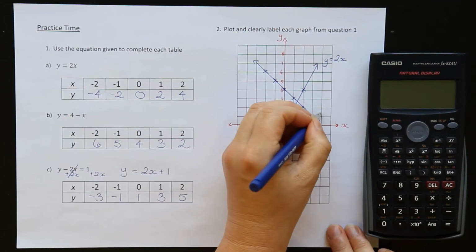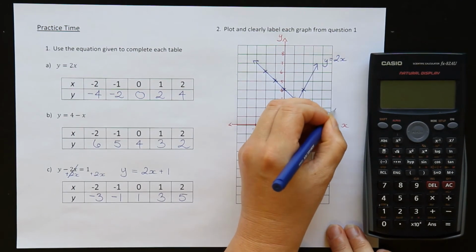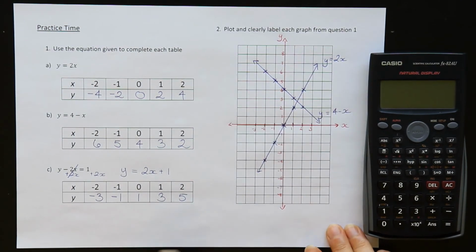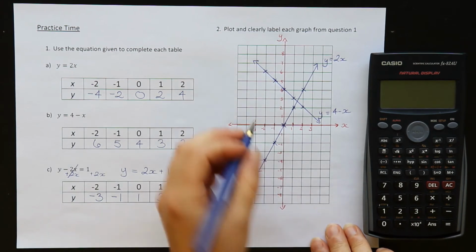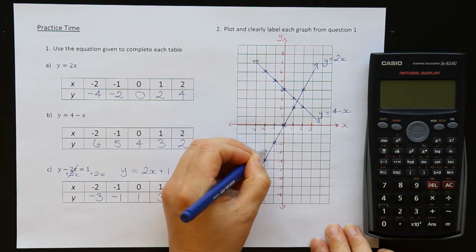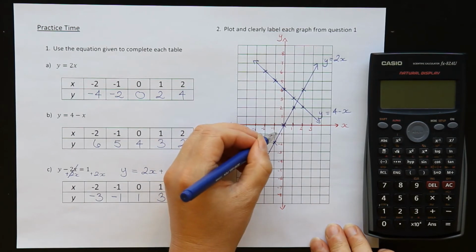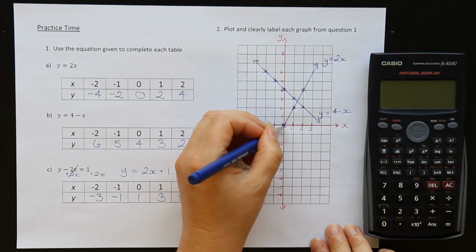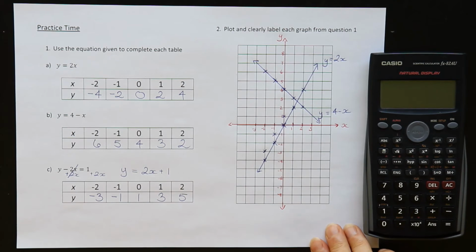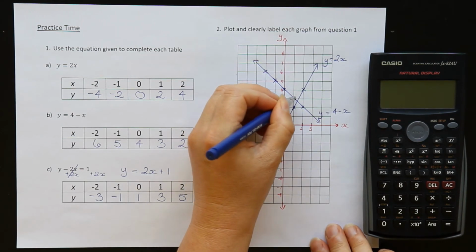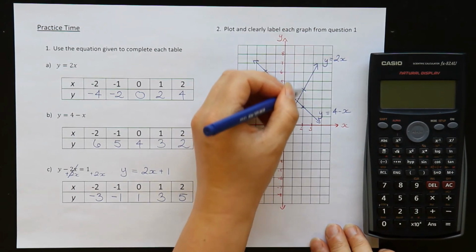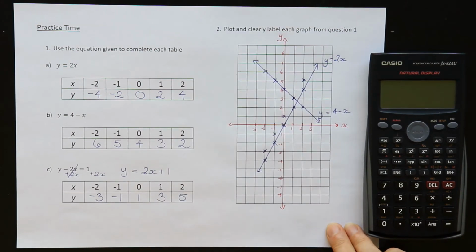And label that one, y equals 4 minus x. And finally the third graph, minus 2, minus 3, minus 1, minus 1, 0, 1, 1, 3, and 2, 5.